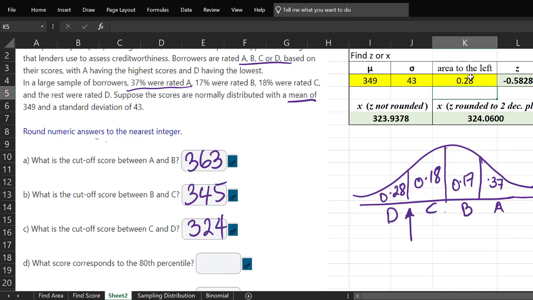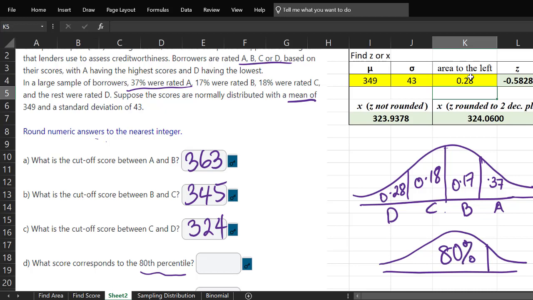After finding those, we want to find the 80th percentile. So basically, what is the score below which we have 80% of the values? We just need to find the score here. Again, we can go in here and put in 0.8 for the 80th percentile. That will give us the required result.